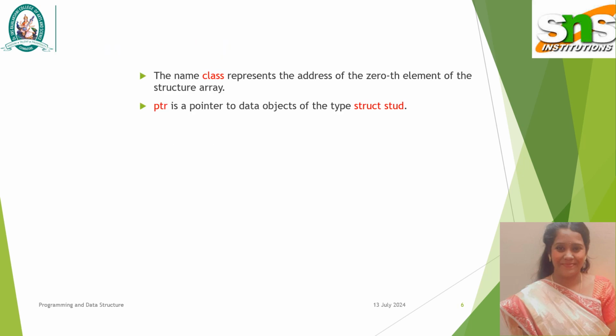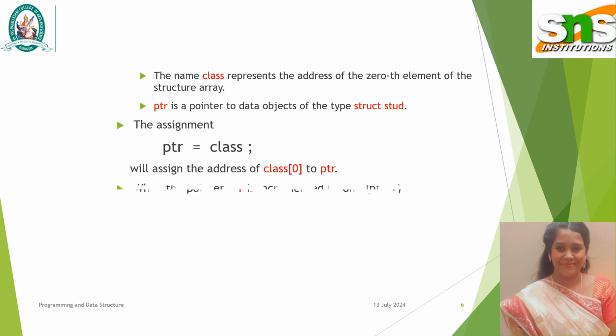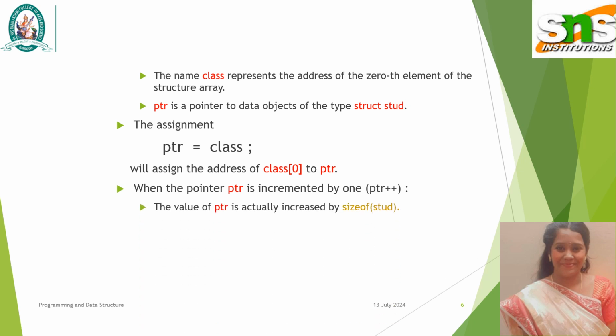The name of the class represents the 0th element, and PTR is a pointer to the structure student. So PTR is assigned the variable class. The pointer is incremented by 1, so it advances by the size of STUD and points to the next record.